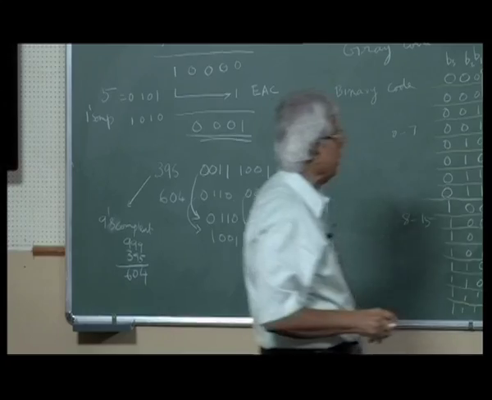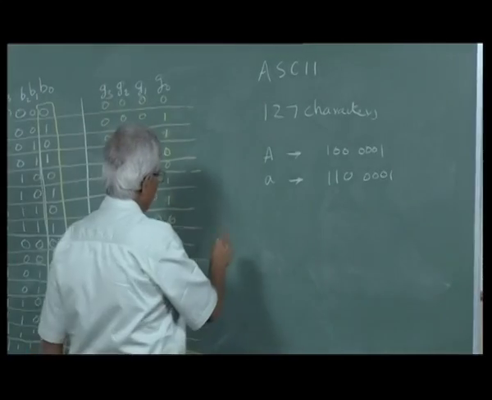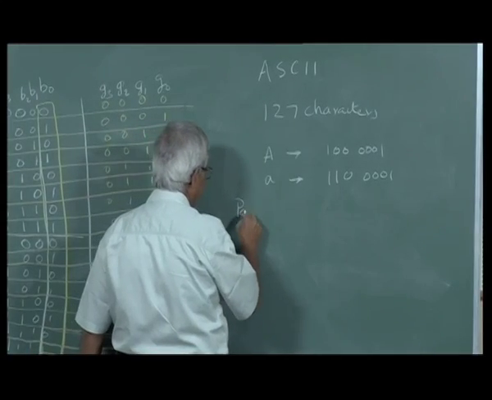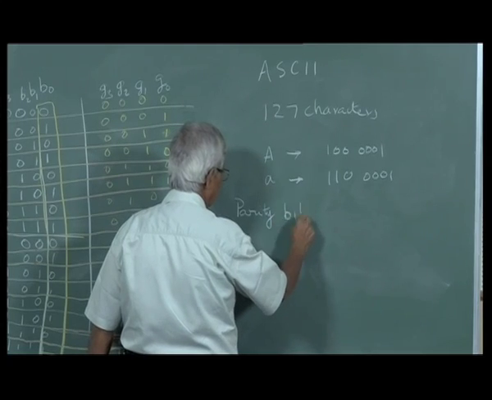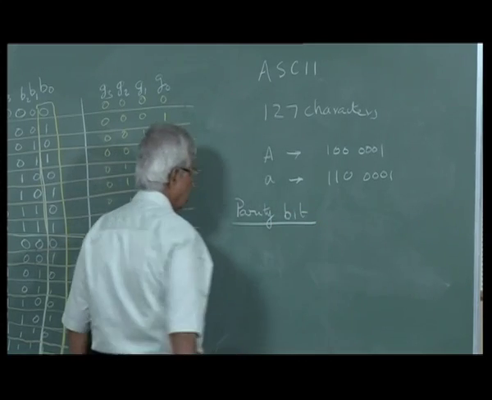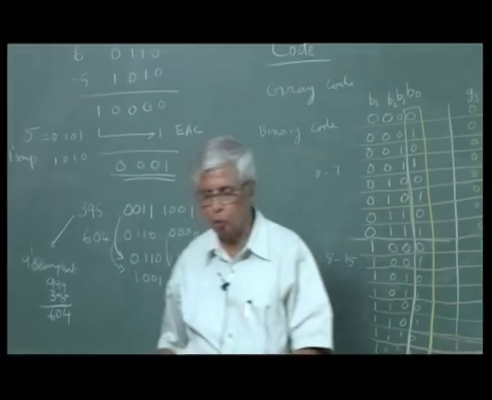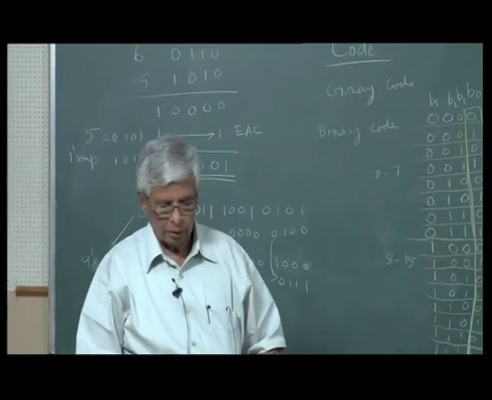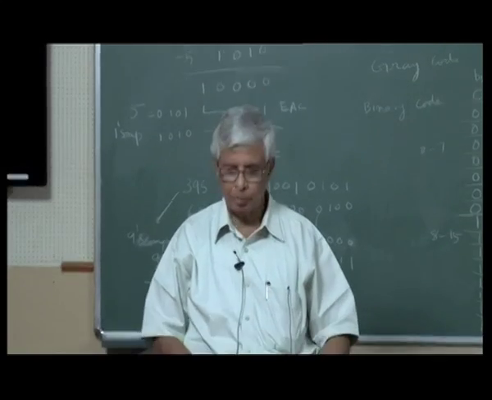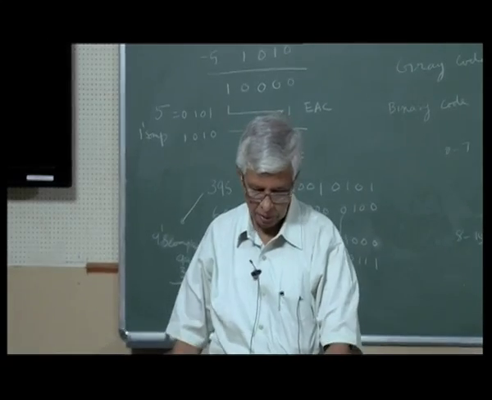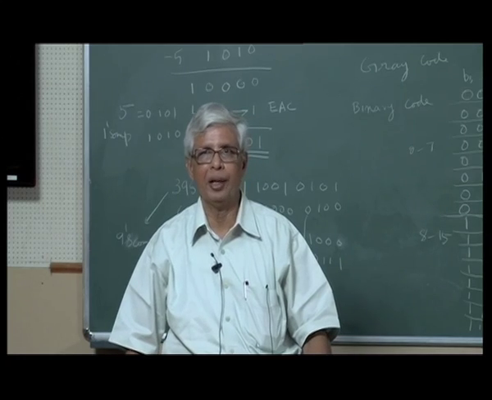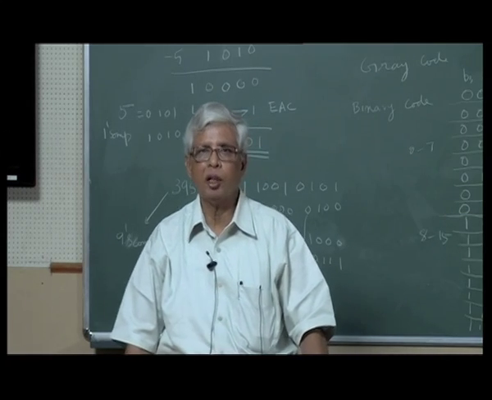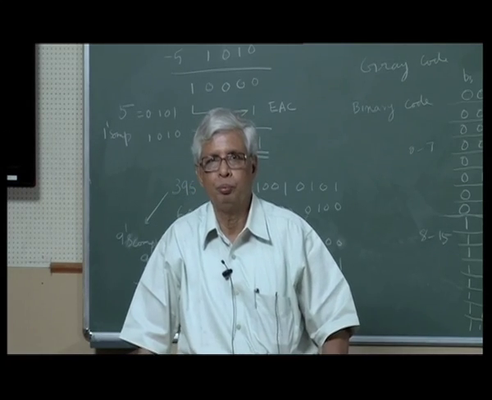Now the 8th bit is used as a parity bit. What is a parity bit? You see, in information, there are 2 problems. When the information is transmitted over a channel, it's bound to have some errors. It can pick up some errors. A 0 can become 1, a 1 can become 0.